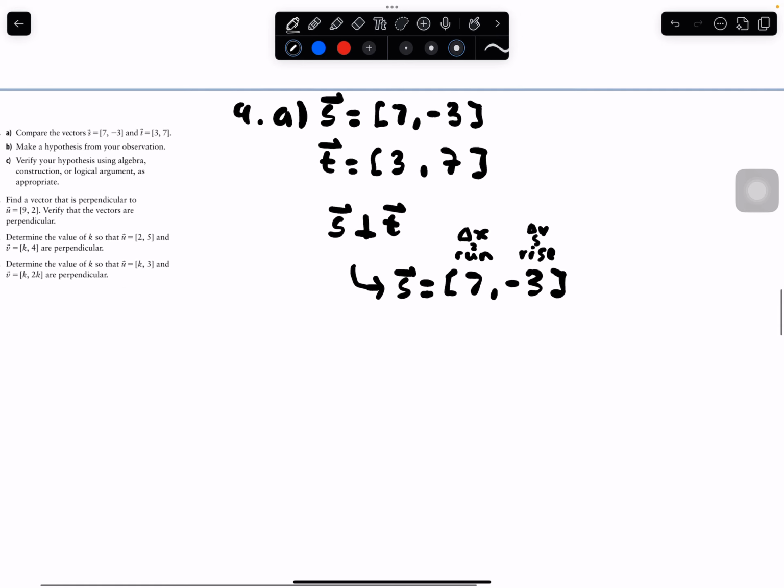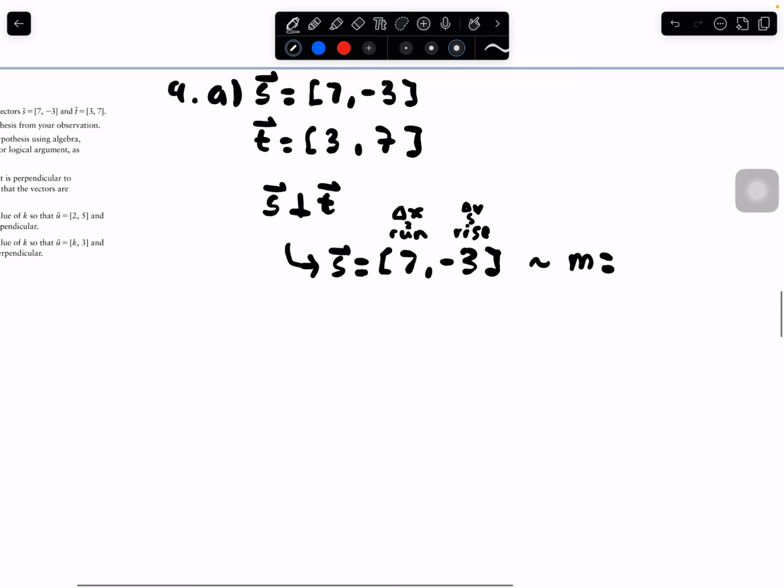So its analogous slope, in a sense, would then be -3/7.